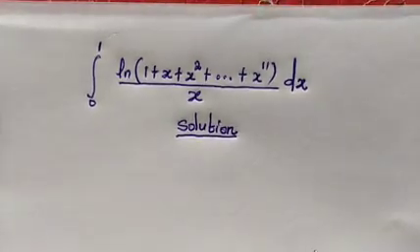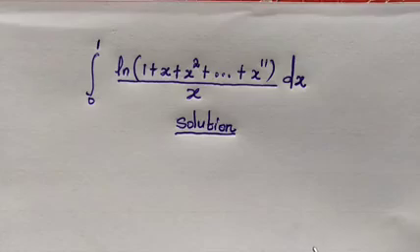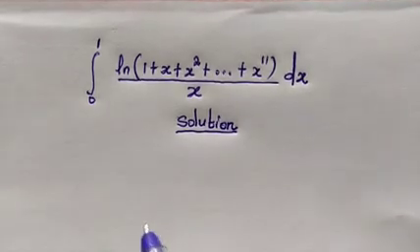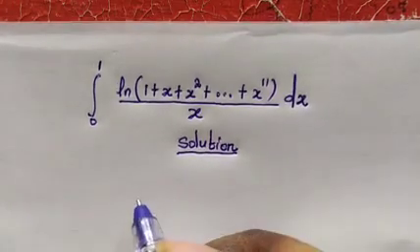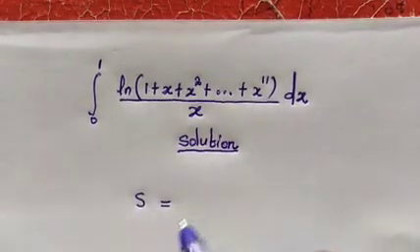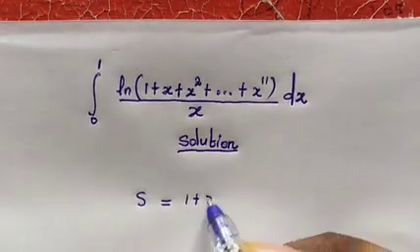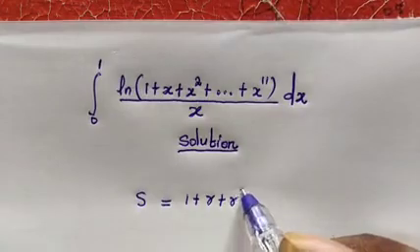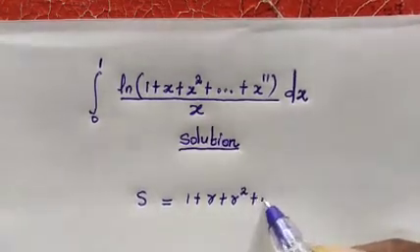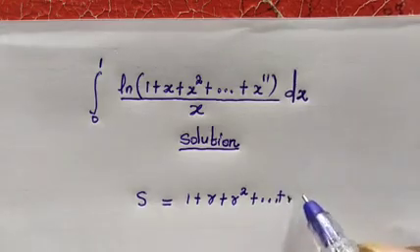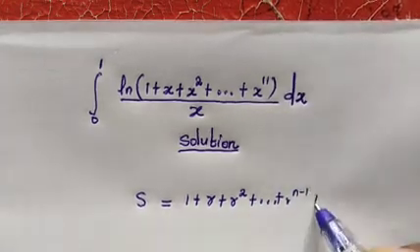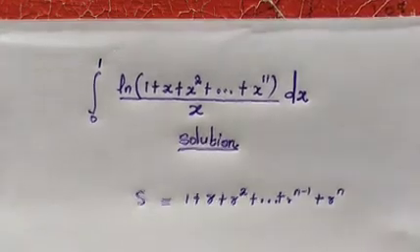Now let us record the sum of the first n terms of a geometric series formula, right? We know when we have S is equal to 1 plus r plus r squared plus all the way to r raised to the power of n minus 1 and then plus r to the power of n.